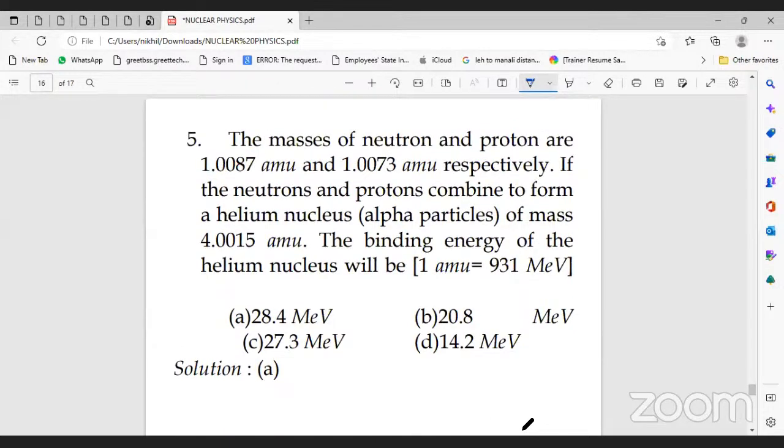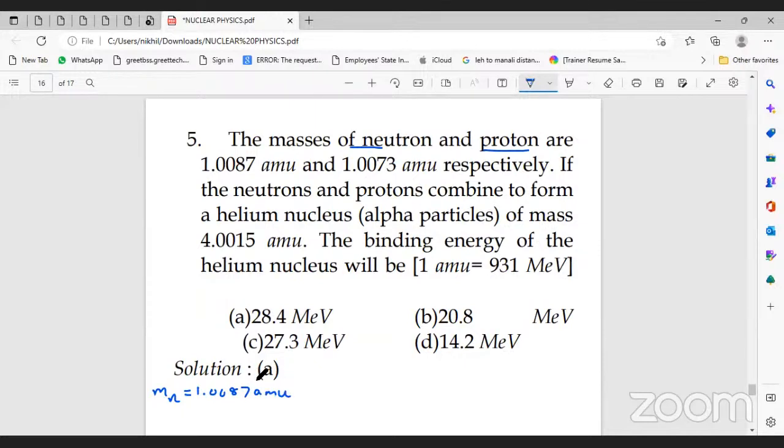Look at the question here. The masses of the neutron and proton are given. Mass of the neutron, shall I use Mn? Mn represents the mass of the neutron, that is 1.0087 AMU.